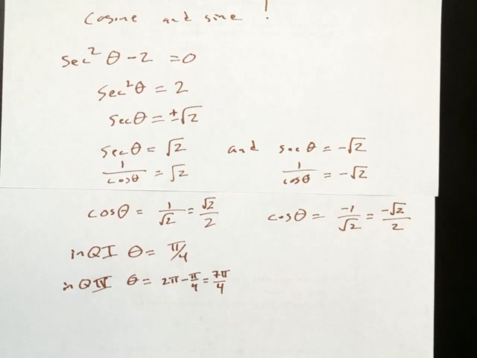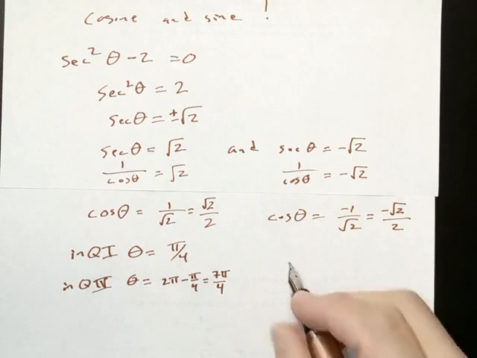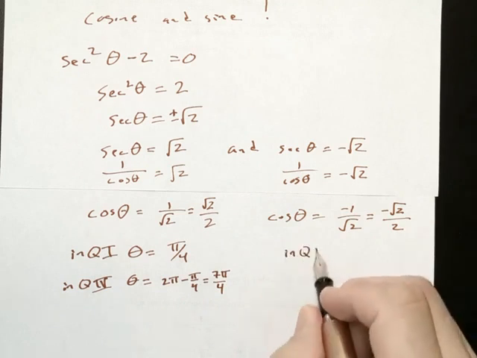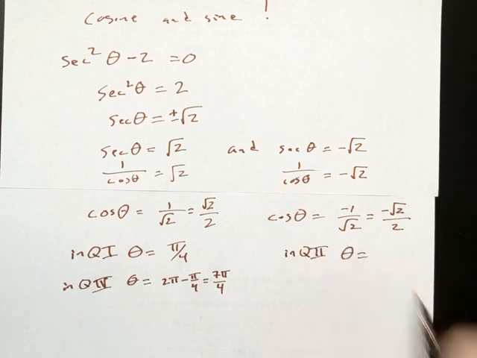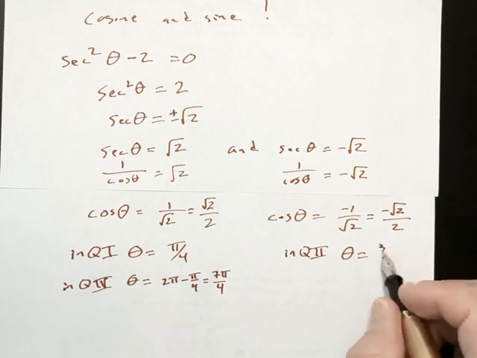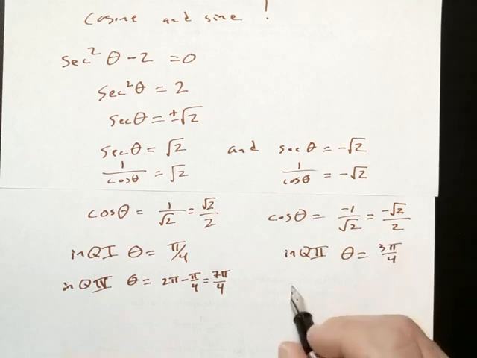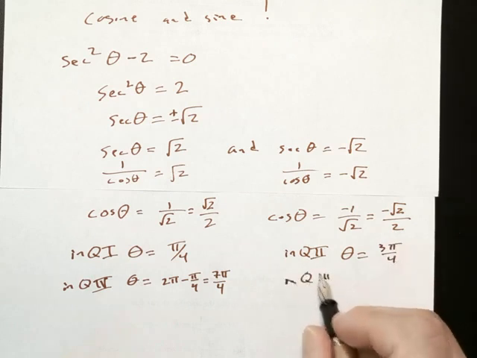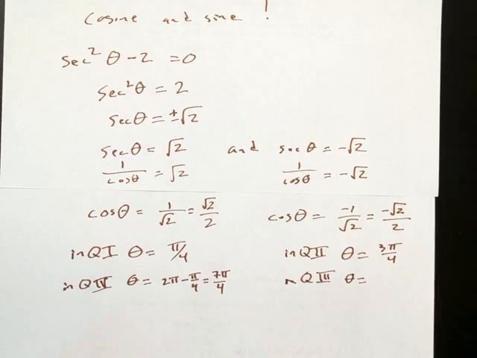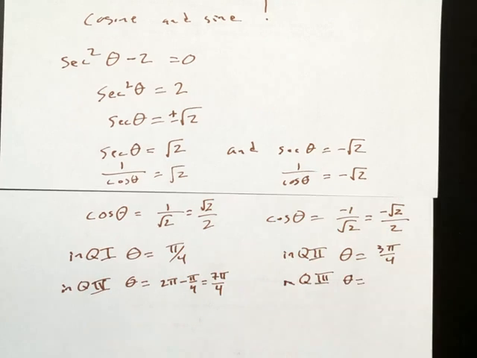Negative root 2 over 2. That's got a reference angle of pi over 4, but we're in the second quadrant. So what's my reference? What's my regular angle over here? In quadrant 3, 5 pi over 4.